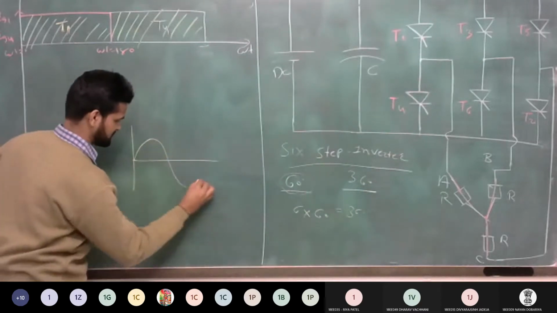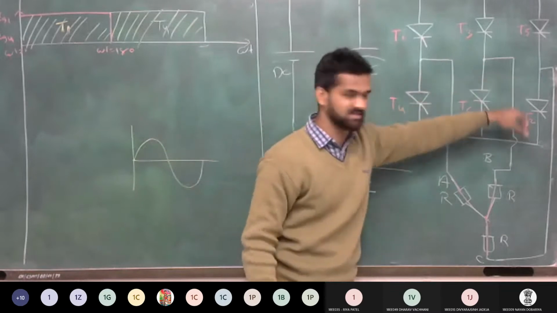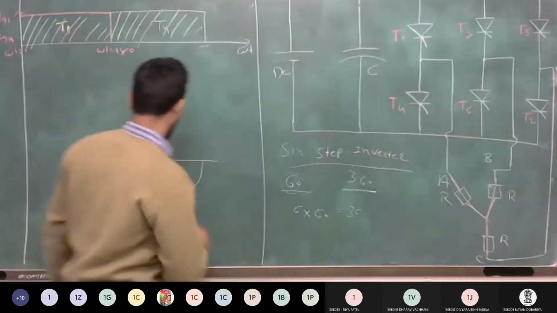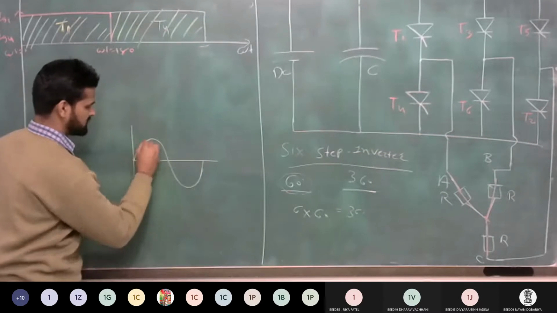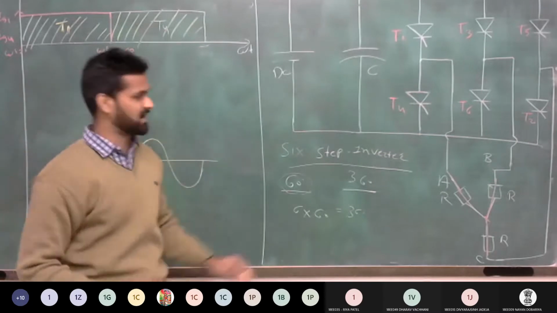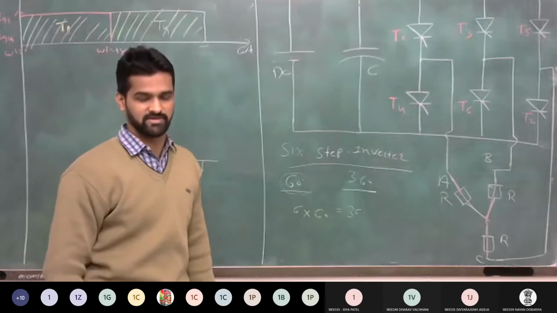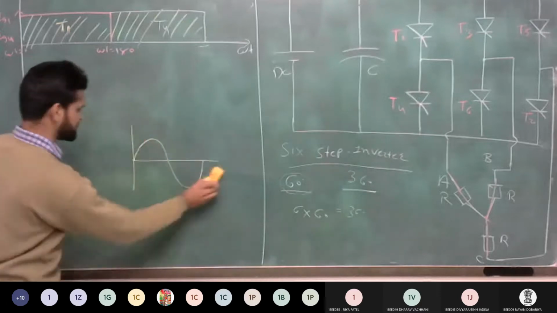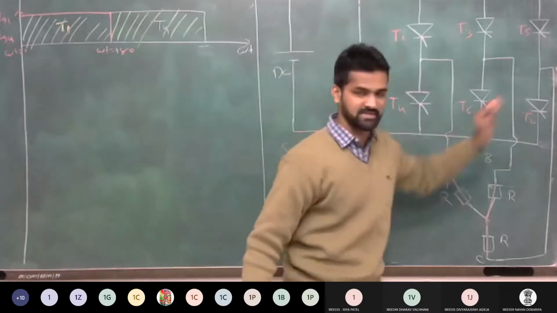If you do not provide that phase shifting to phase B and phase C, all three phases are overlapped with each other. So ultimately, at the load side, you generate only a single phase. Clear? So that's why you must provide the phase shift to phase B and phase C.